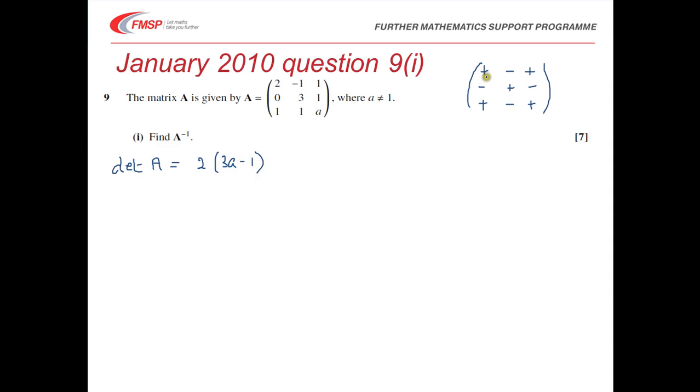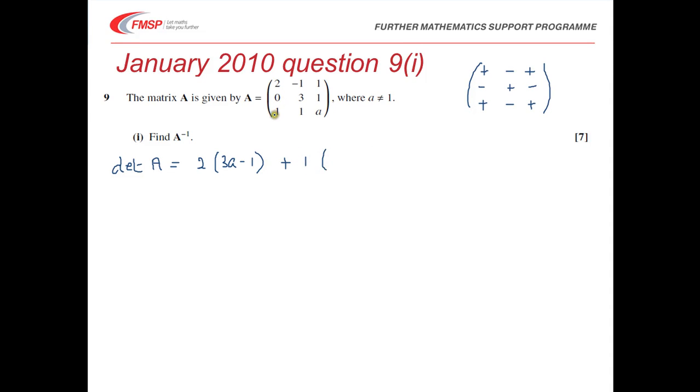And it will be positive because it's the first element. The next one is going to be negative, but then of course we would be multiplying by 0, so that doesn't count. And then the next element is going to be positive, so it's going to be plus 1.